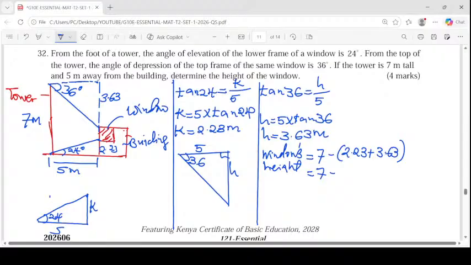When I take 2.23 plus 3.63, this is 5.86. And when you subtract it from 7, you exactly get the height of your window as 1.14 meters.